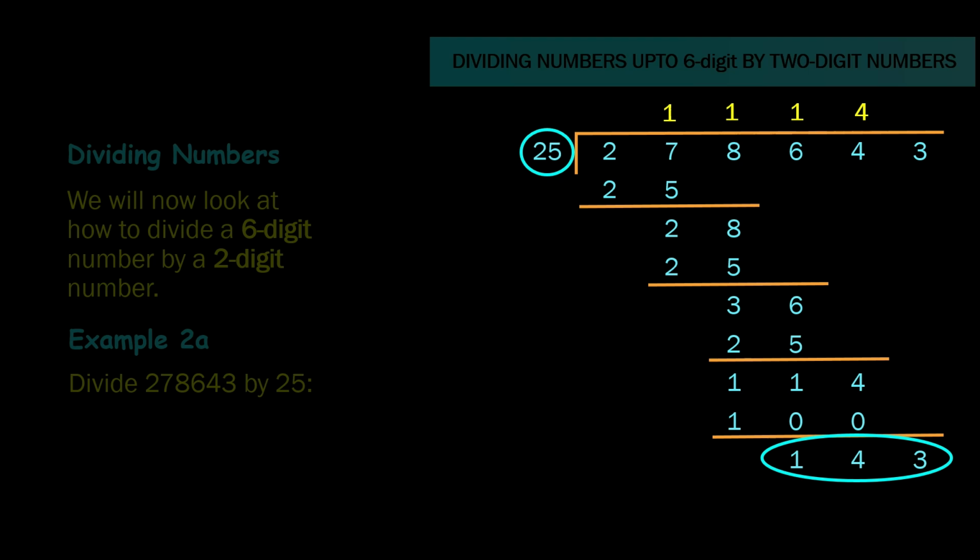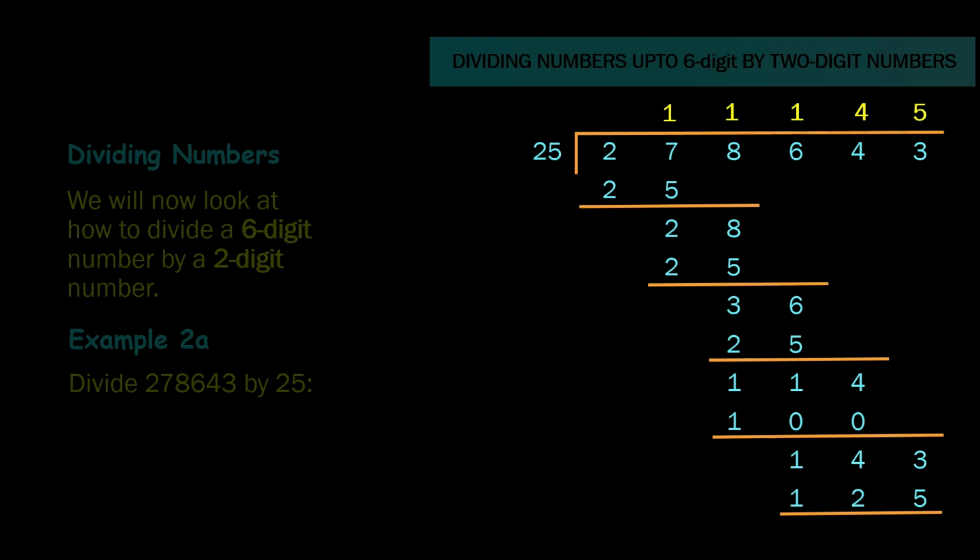How many 25s are in 143? There are 5 25s in 143. Position the 5 here. Now multiply 25 by 5 to give 125 and put the 125 here.